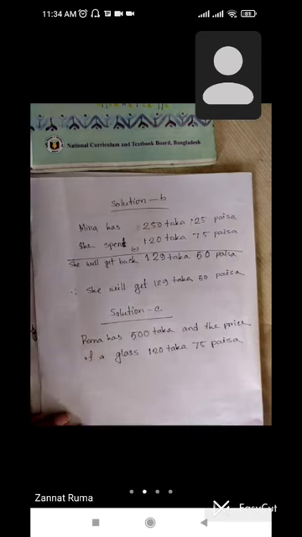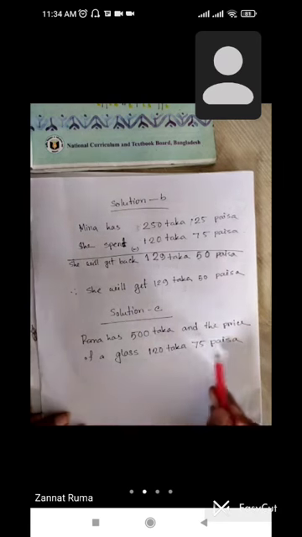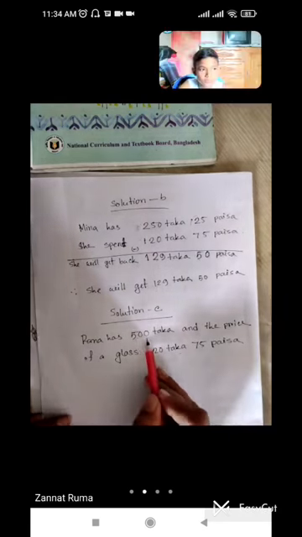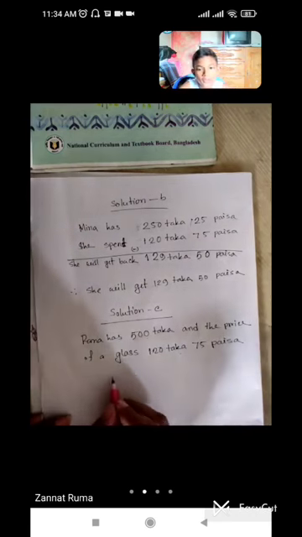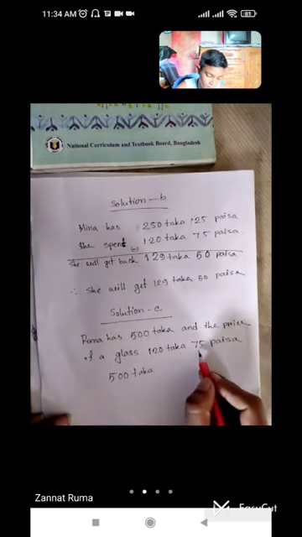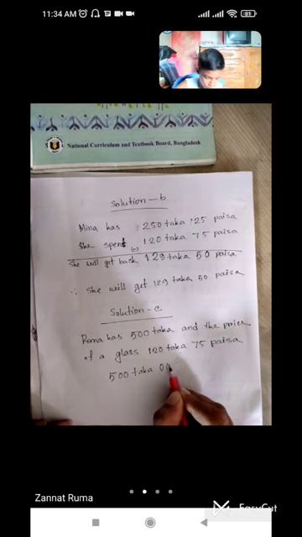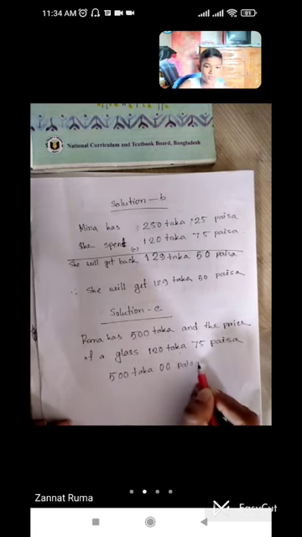Now we will subtract 120 taka 75 paisa from 500 taka. Okay. So I will write here 500 taka. We have paisa here, then we need to write paisa here also. So how many paisa? Very good. 00 paisa.